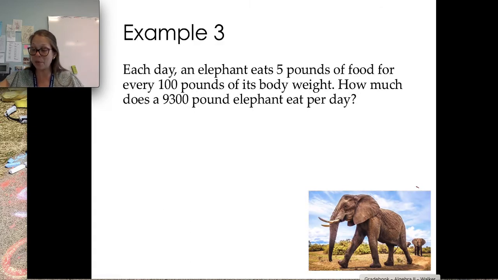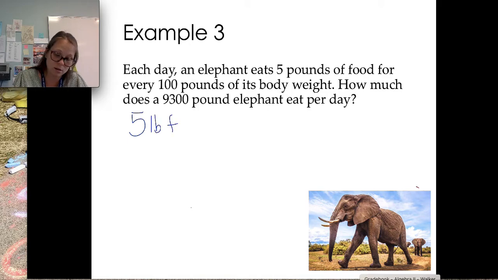All right, last example. This is a really short lesson. We are told each day an elephant eats 5 pounds of food for every 100 pounds of its body weight. How much does a 9,300-pound elephant eat per day? So we can set up a proportion here where they eat 5 pounds of food for every 100 pounds of their body weight.